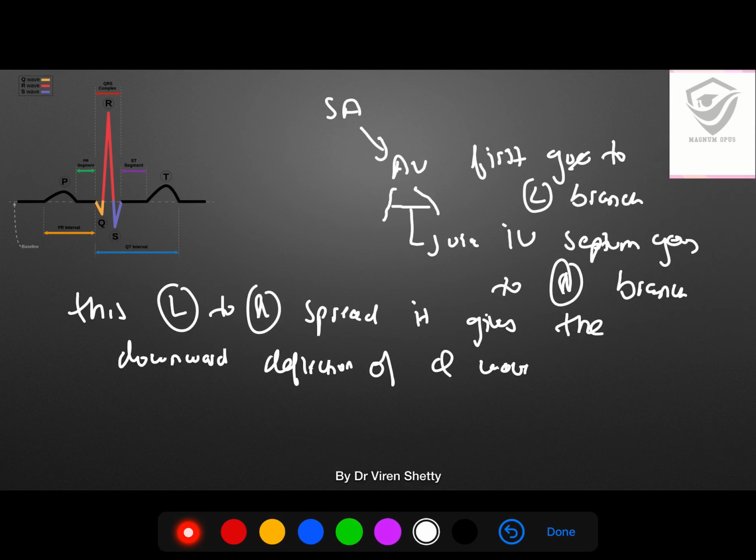That is the reason why the Q wave has a downward deflection. Okay, why does the Q wave have a downward deflection? Because of the movement of current from this interventricular septum. But some of you will ask me, but why down? Why not up? Because there's a law that in ECG you get an upward deflection.